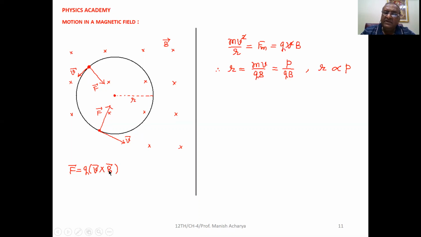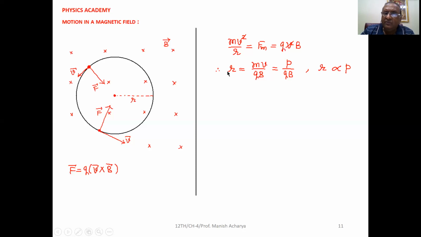But v and B are perpendicular here, so theta is 90, sin 90 is 1. So we can write the magnetic force magnitude wise as qvB. We cancel here, so we can write the equation for the radius of the circular path of this charged particle: r equals mv upon qB. mv is the momentum of the particle, so we can write r equals p upon qB also.